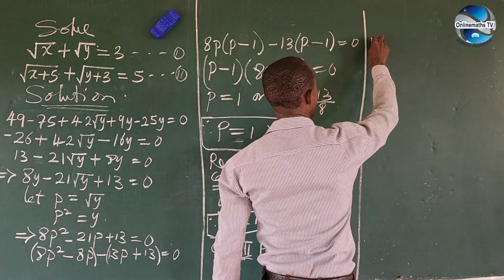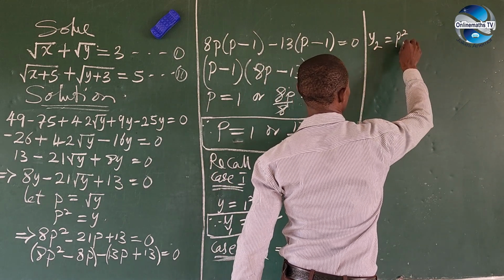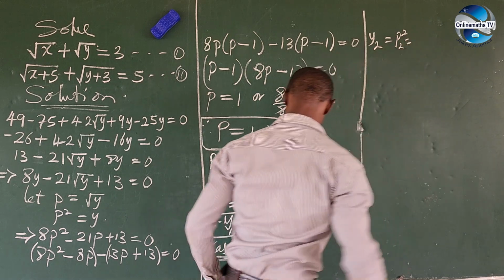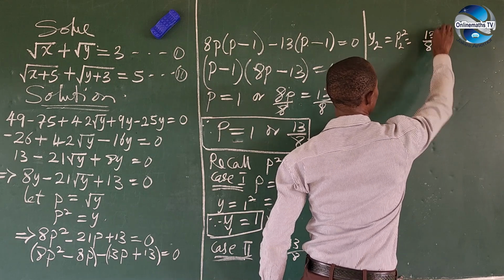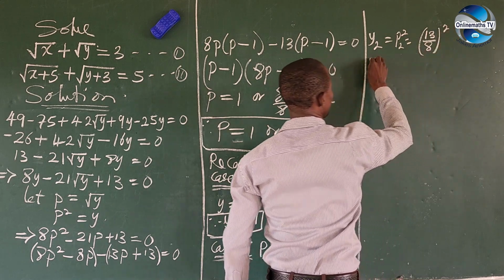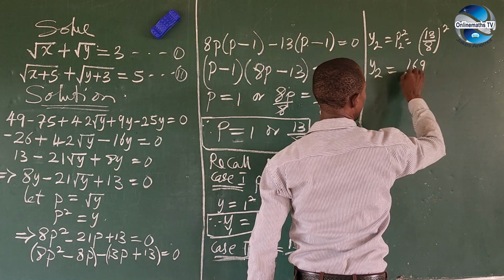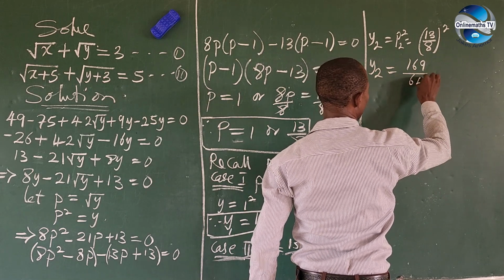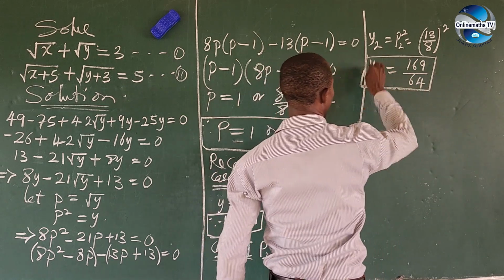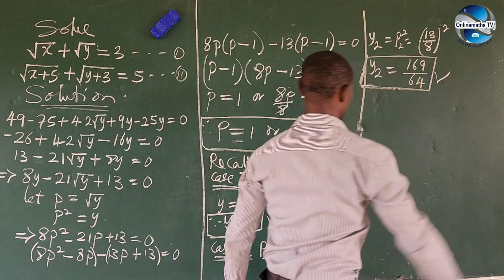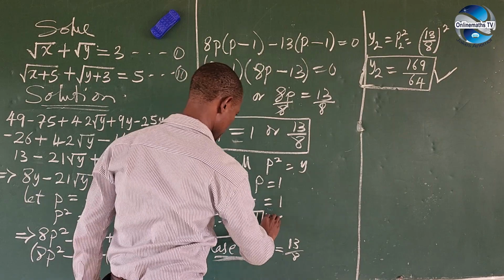All right, so our y2 is equal to p2 squared, which is equal to 13 all over 8, all squared. So we have y2 is equal to 169 all over 64. So this is our y2. Here we have our y1.